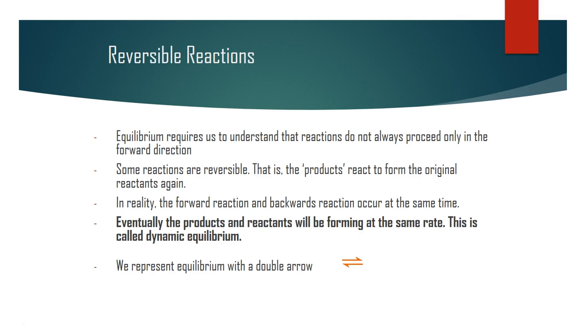When we are talking about an equilibrium process, we must use the double-headed arrow, which we've seen when we talked about weak acids and weak bases, where we talked about how the extent of the reaction wasn't 100%. If we're talking about a system in equilibrium, or you see an equation that uses a double-headed arrow, it is at equilibrium.